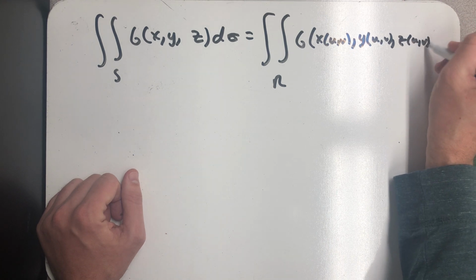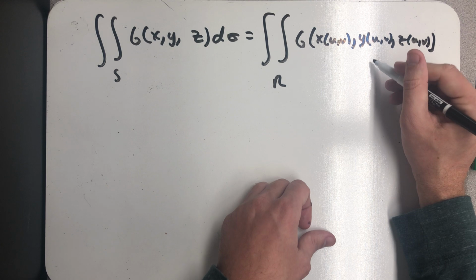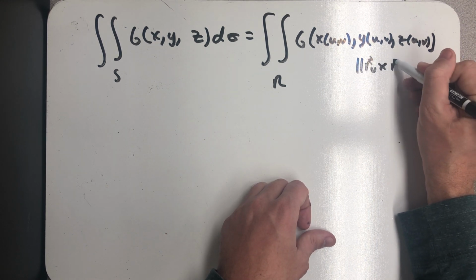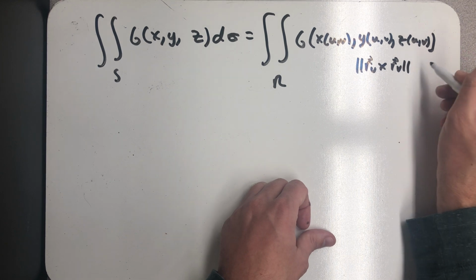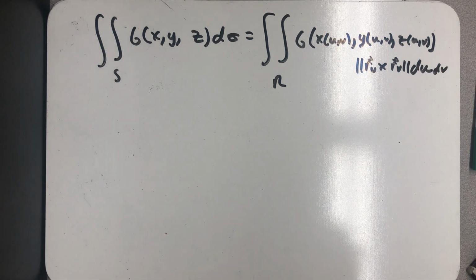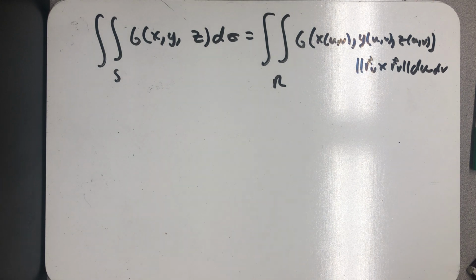Just the components of my parameterized function. And then times d sigma. Well, we know that is the magnitude of the cross product of the partials with respect to u and v, du dv. And of course, we could change that order around depending on our region and how we wanted to integrate it.